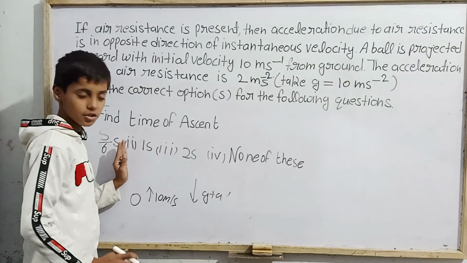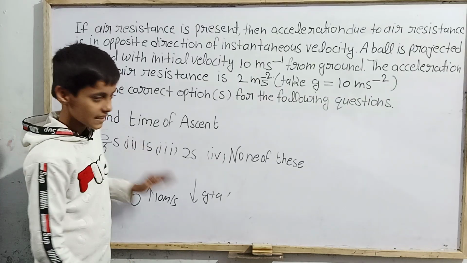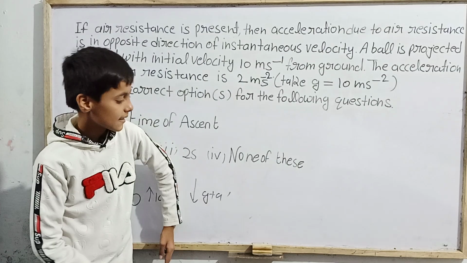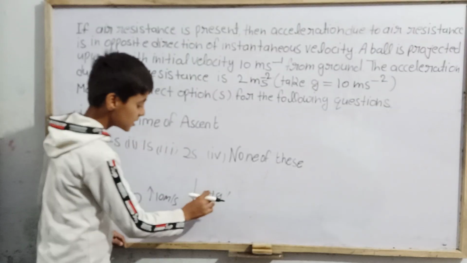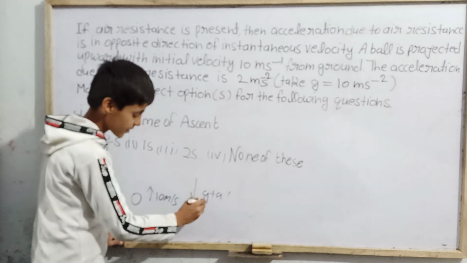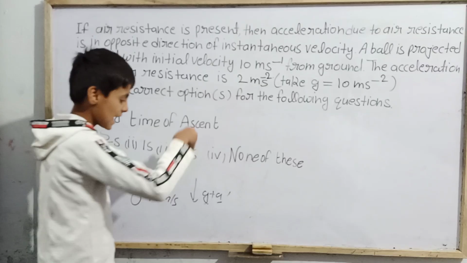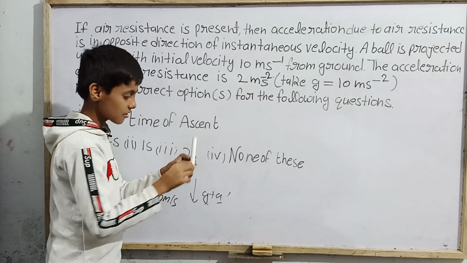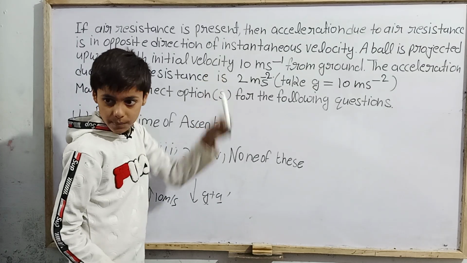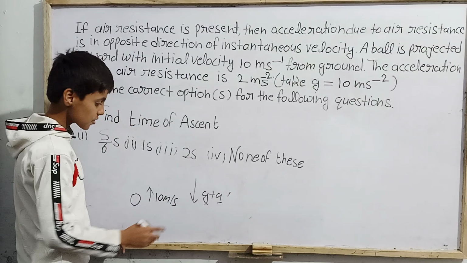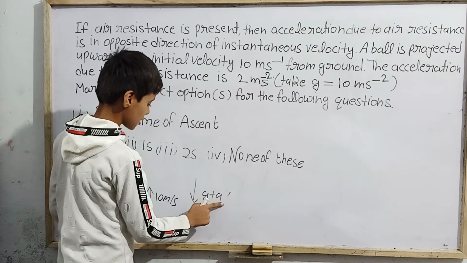So here is the direction of instantaneous velocity, and here is the direction of the air resistance acceleration. This is also the direction of acceleration due to gravity, so they will be added to each other, and the resulting acceleration will be in the downward direction.